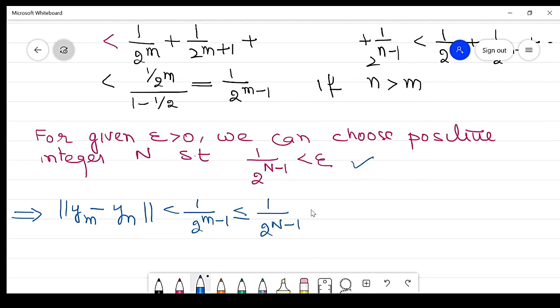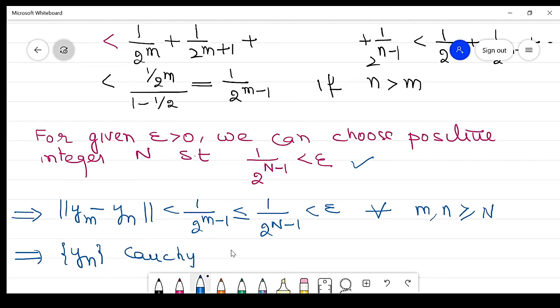And by using this result, this is less than epsilon for every m, n greater than or equal to capital N. It implies this yn is a Cauchy sequence in N.